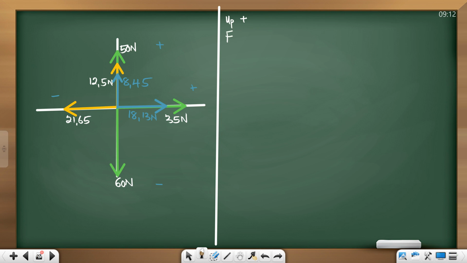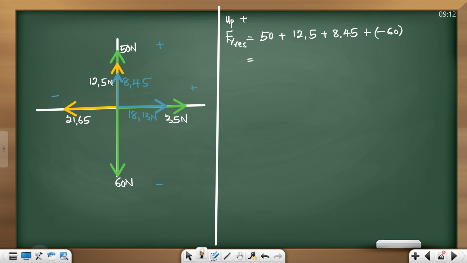Fy resultant: 50 is positive, plus 12,5 is positive, plus 8,45 is positive. But now 60 is the opposite direction, plus negative 60. I hope that makes sense.